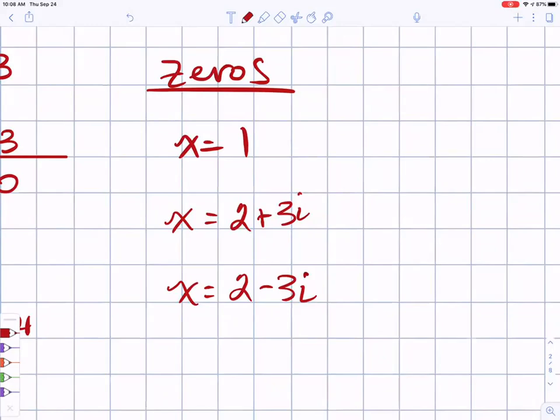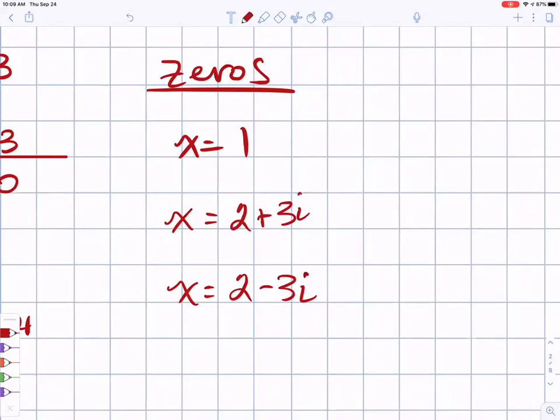What else are they? Yeah, they're complex. They're imaginary. If you had to graph them, you wouldn't be able to see them because they're in Mr. Rogers' neighborhood. Okay, they're at the imagination station. You can't see 2 of your zeros.